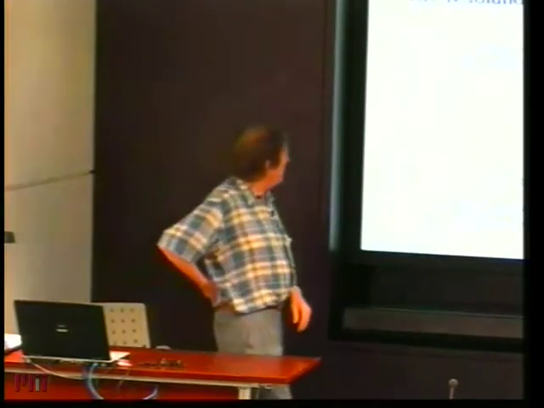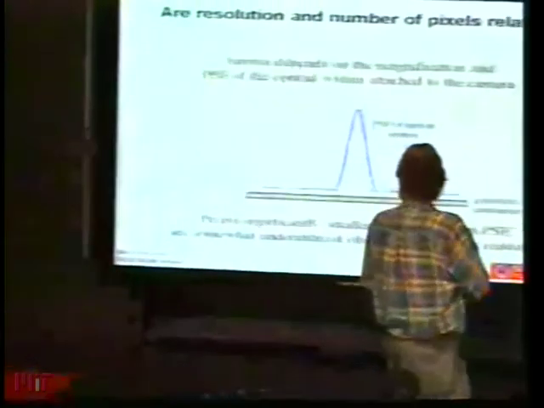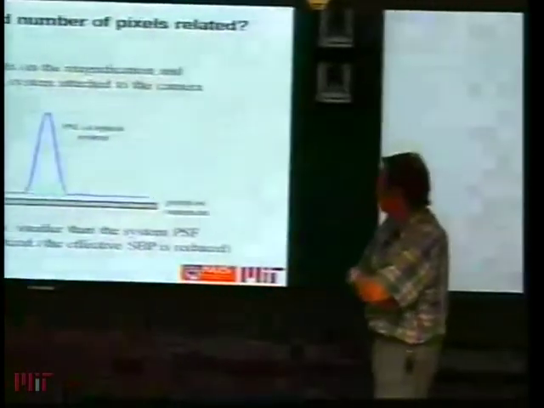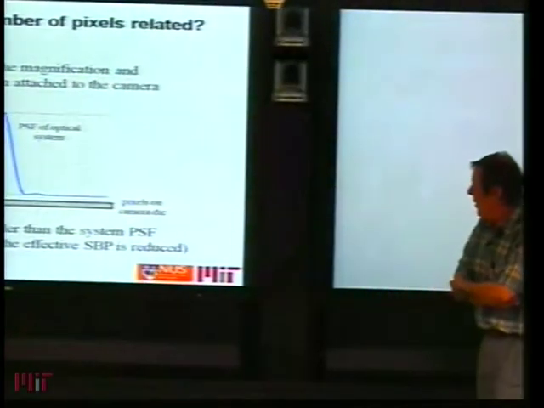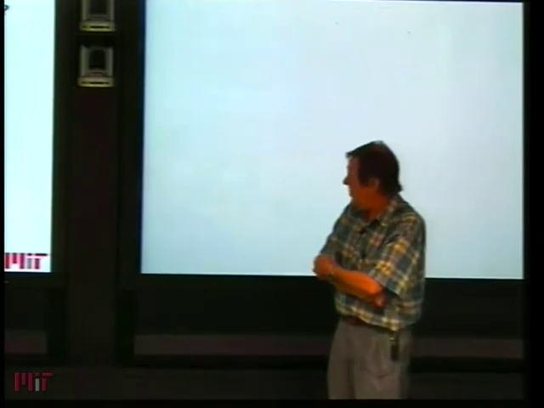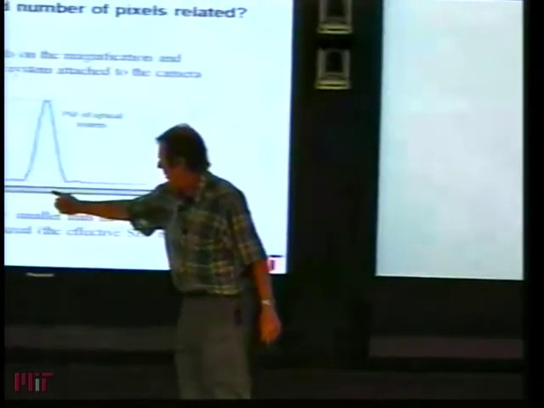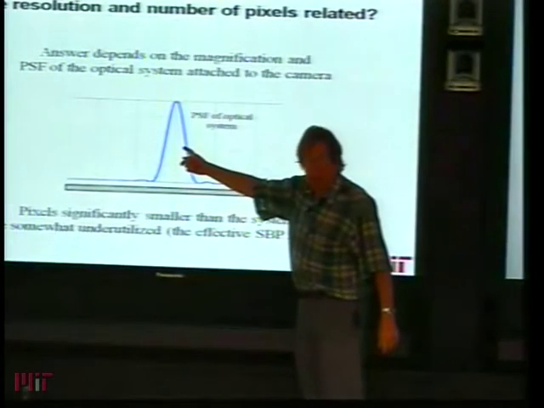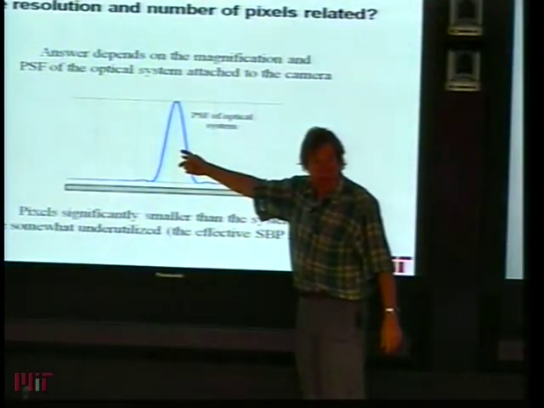Okay, so this question of the number of pixels, is there a connection between the two? Well, I guess the answer is there is and there isn't. There is a relationship if you design the optical system properly, but what George is pointing out here is that this is an example where the pixels are very much smaller than the point spread function of the optical system.